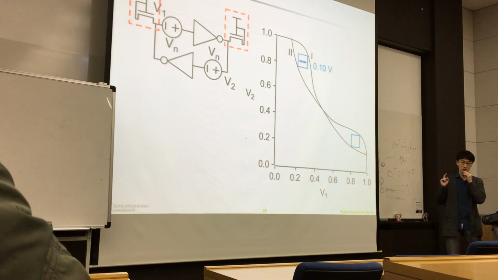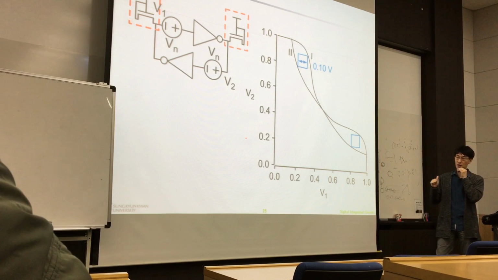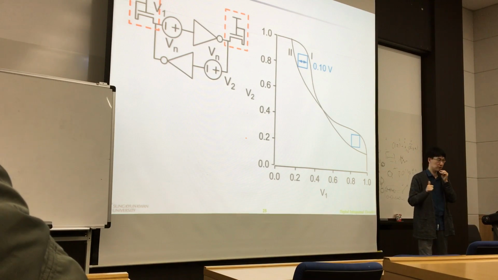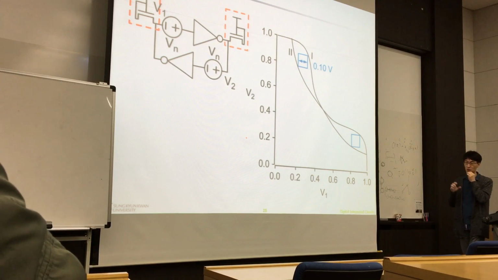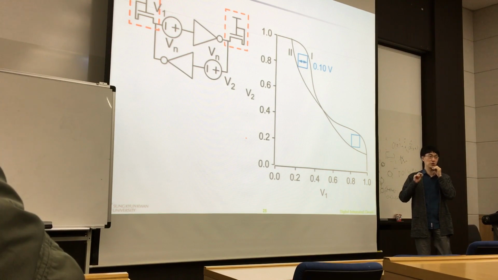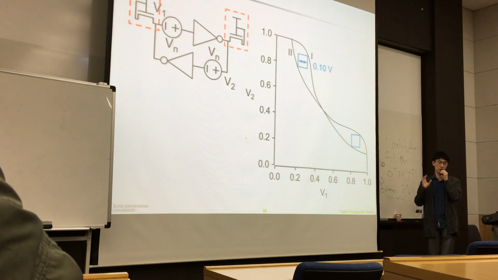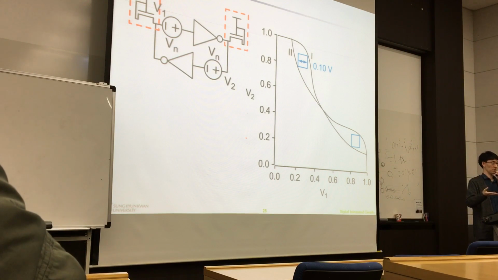Okay, then we can use the VTC again to think about the noise margin during the read operation. This gives you a different way of viewing the read operation.